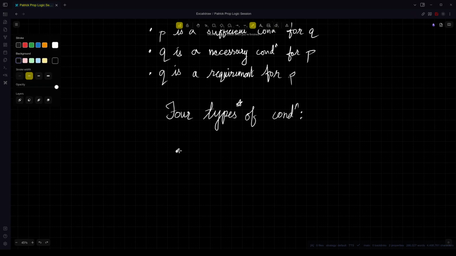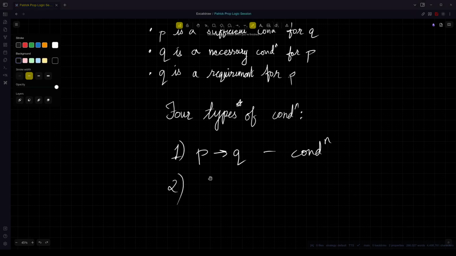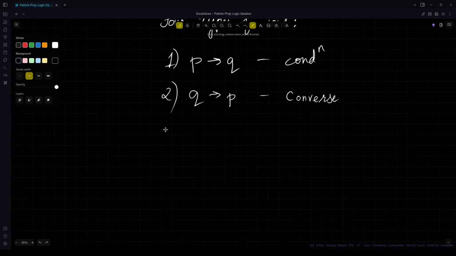So the first one obviously is P implies Q. This is the conditional. The second one is called the converse, so Q implies P. Then there is the third one, which is the inverse.